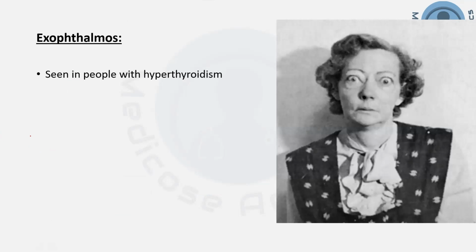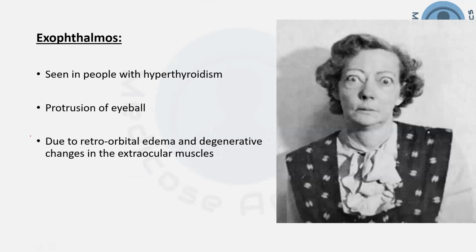The patients of Graves' disease present with characteristic ocular findings, known as exophthalmos. Exophthalmos means protrusion of the eyeball. This protrusion of the eyeball can occur in Graves' disease. It is seen in people with hyperthyroidism, particularly in Graves' disease. Why this happens is because there is retroorbital edema and degeneration of the extraocular muscles.